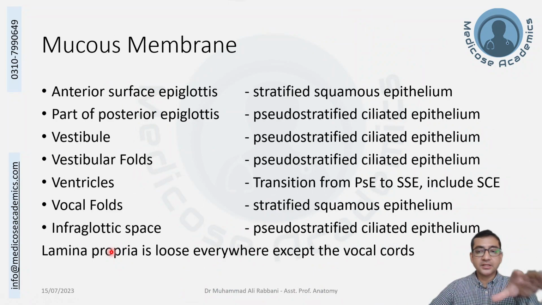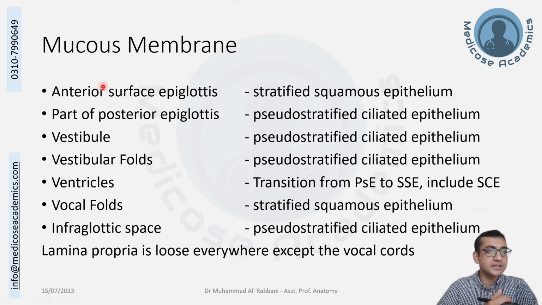I'm not going to discuss this in detail, but this is a slide regarding the type of epithelium that is covering each part. This is basically a topic of histology, but we were discussing the larynx, so I said why not. The anterior surface of the epiglottis has an epithelium like the oral cavity, stratified squamous epithelium.